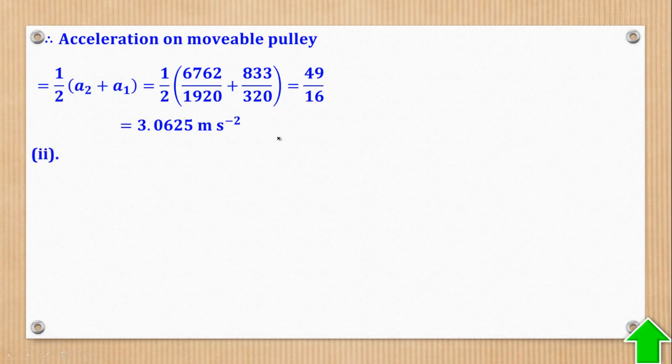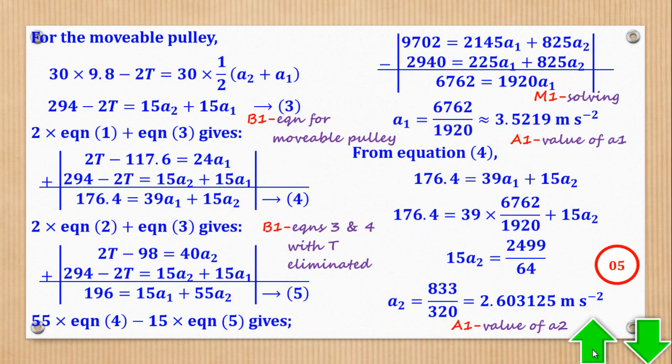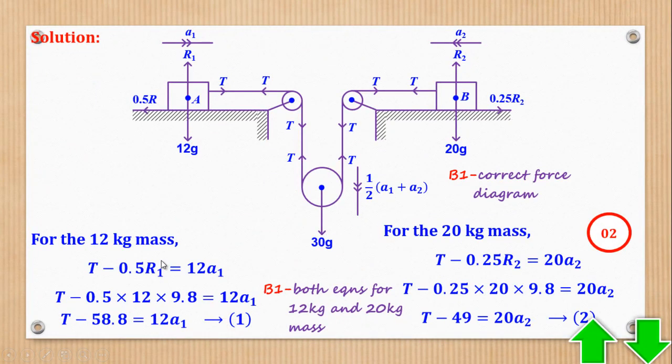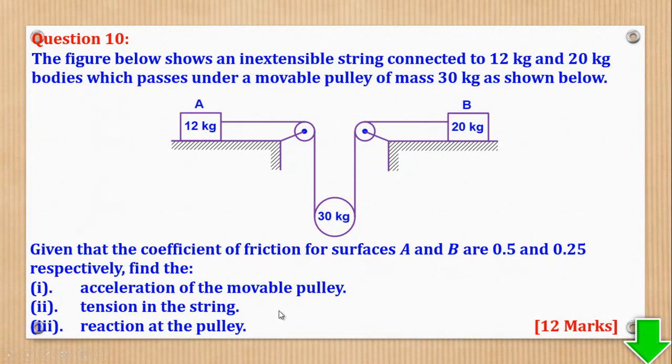Then for Roman 2, let me see, what did they ask? Roman 2, they wanted the tension in the string, and lastly the reaction at the pulley.